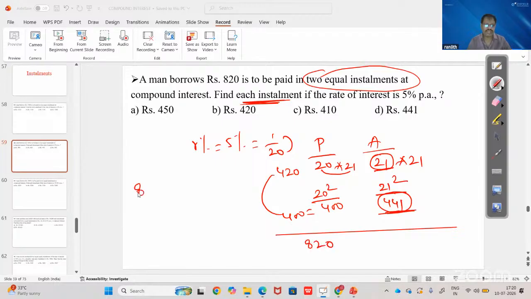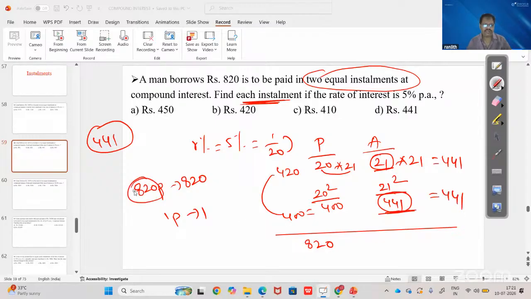We need to equate 820 parts to 820, where one part equal to 1. Then each installment will be 441. So the answer will be equal to 441. Each installment is 441.